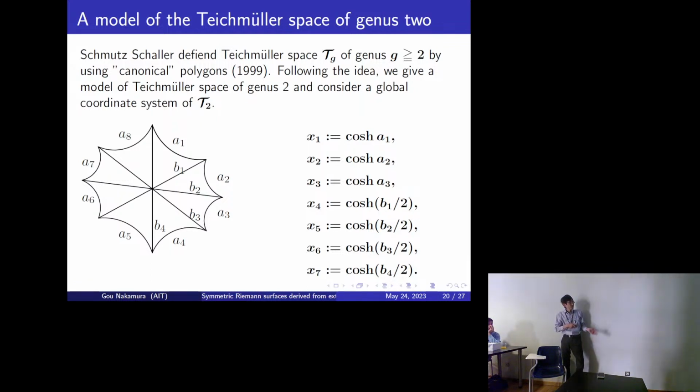Rotating this polygon around the center, a half turn indicates the hyperelliptic involution.